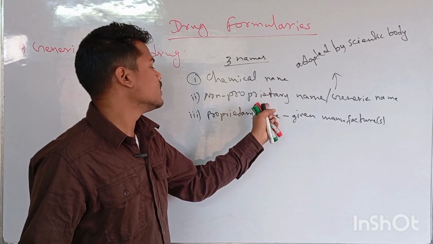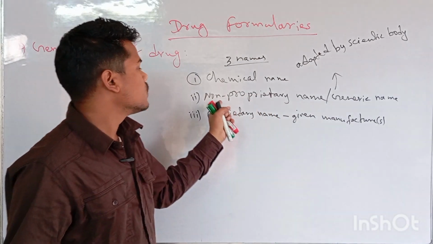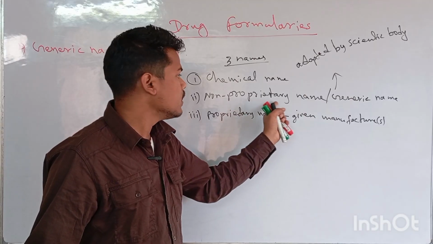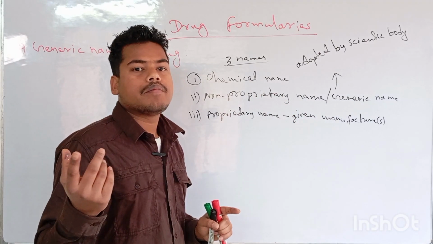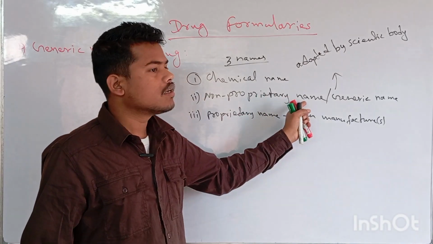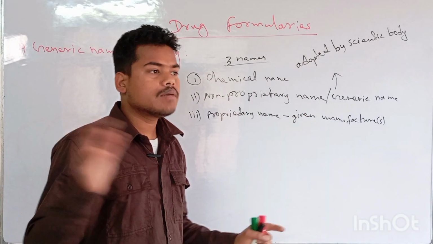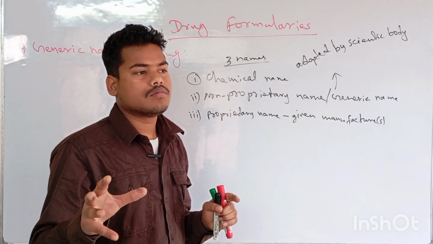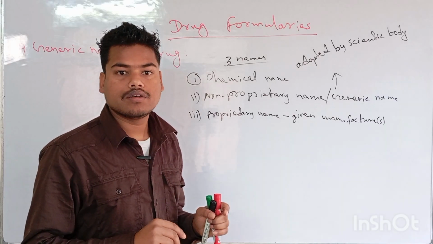So we should write the non proprietary name, though there is also a debate on whether to write non proprietary or proprietary names, because if you write the non proprietary name, the pharmacist may promote a certain brand of the drug that may not be good in quality.